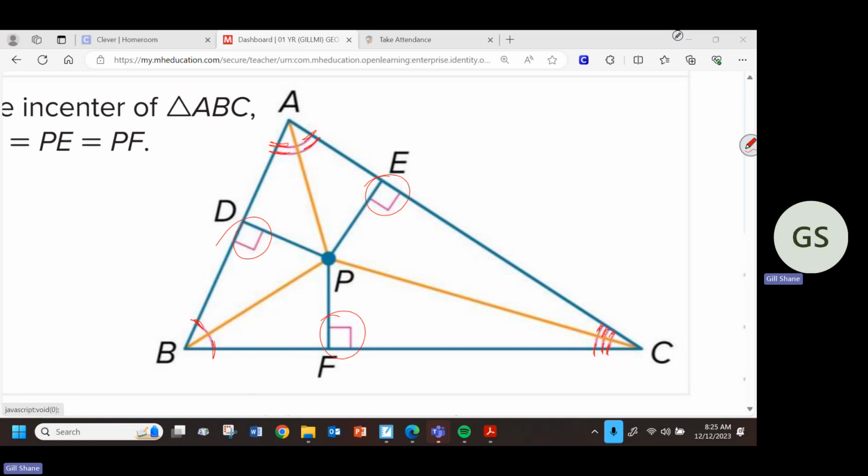You can't always go by scale, but sometimes if it's that far off, you can say there's no way it can be bisecting all of the sides if it's that far to the left or right. If it's not in the middle, that can't be a perpendicular bisector. So here's what this is telling you. This is the incenter.